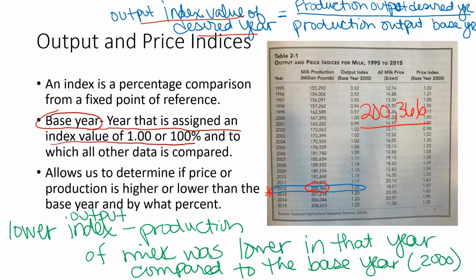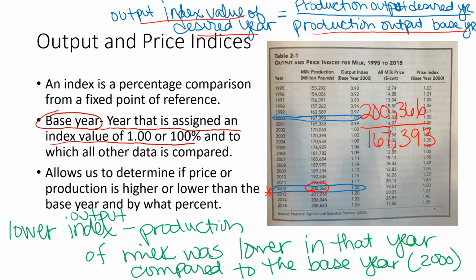Okay, my base year, we got to find, is 2000 because it's at that 1.00. And the production output of that base year is 167,393.